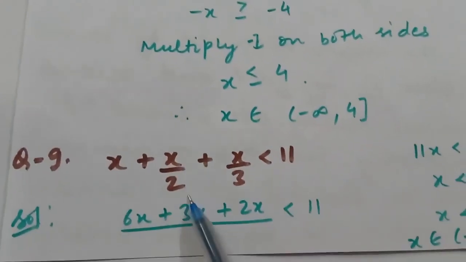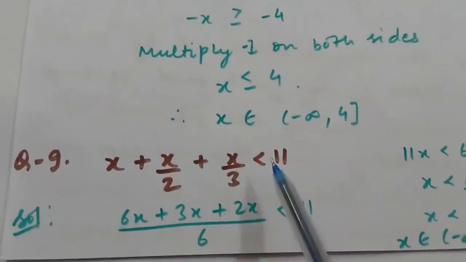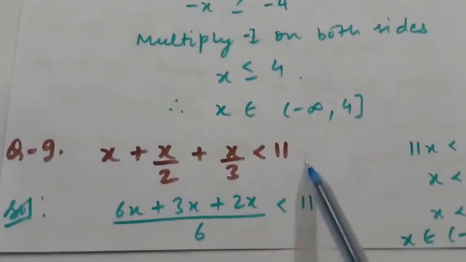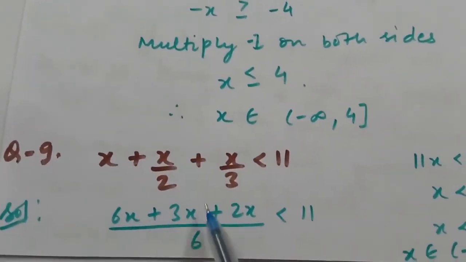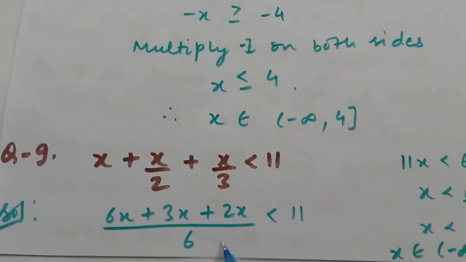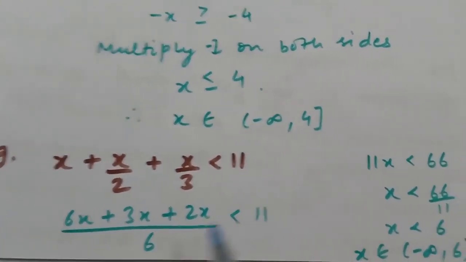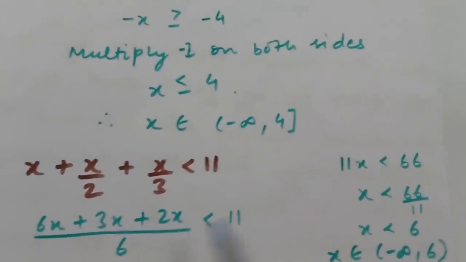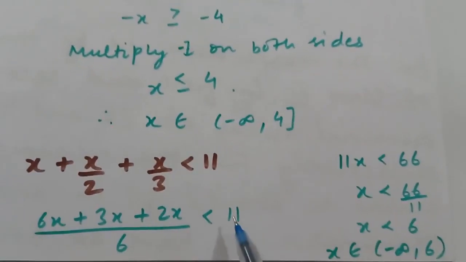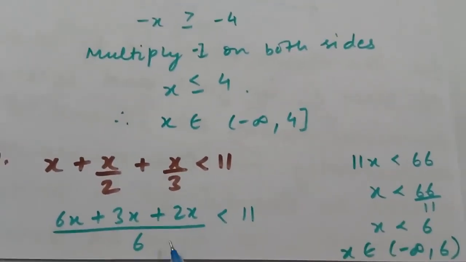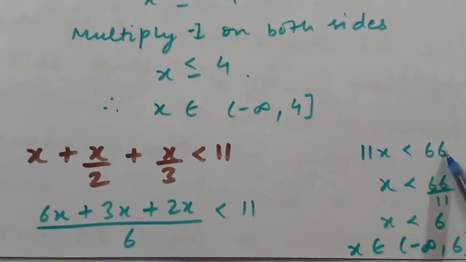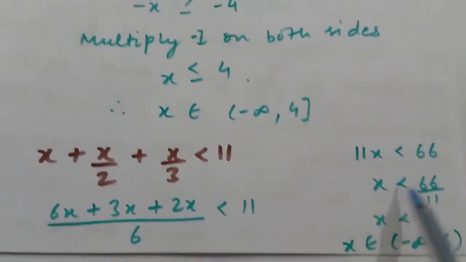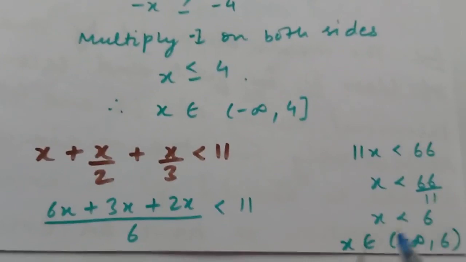Next is question number 9. x + x/2 + x/3 < 11. So it is very clear. Firstly we will take the LCM, which is 6. You will get (6x + 3x + 2x)/6 < 11. Add it, you will get 11x/6 < 11. So 11x, taking that 6 to that side, 11x < 66. x < 66/11, right?